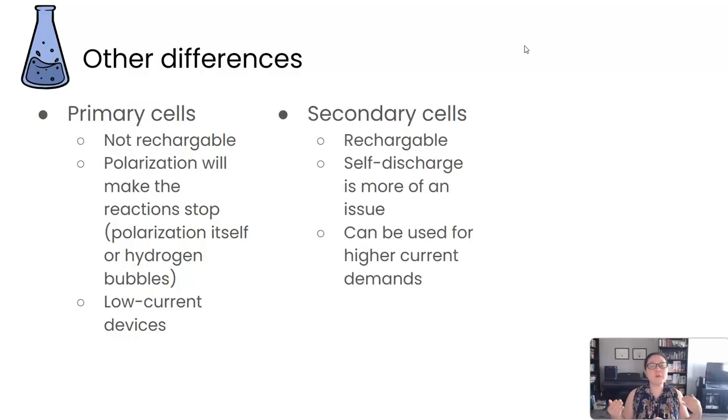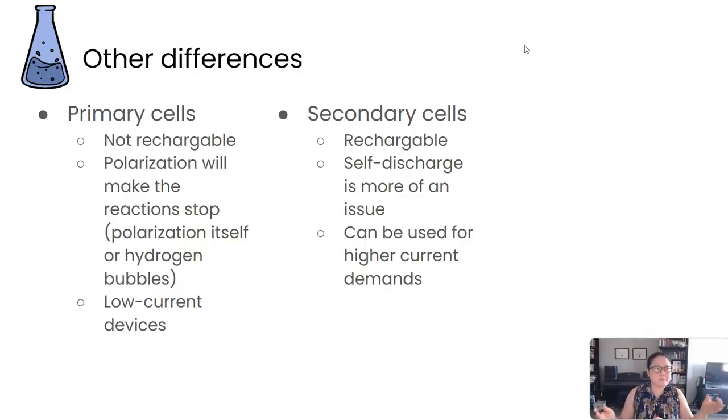Secondary cells are rechargeable, but one of the issues with secondary cells is that self-discharge is more of an issue. So what do I mean by self-discharge? The thing about the secondary cells is that if you leave it alone, the half reactions can happen on their own without plugging it into something to connect everything together.